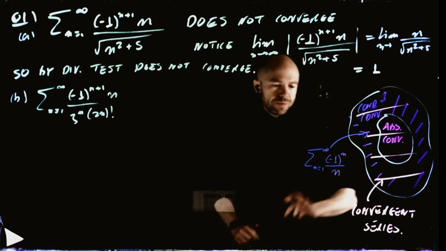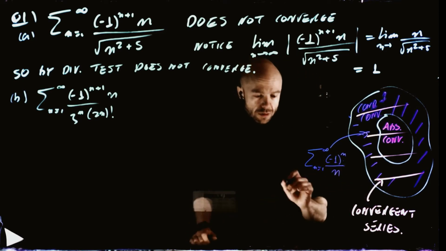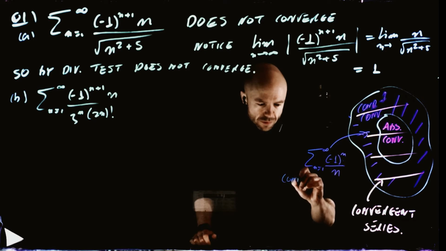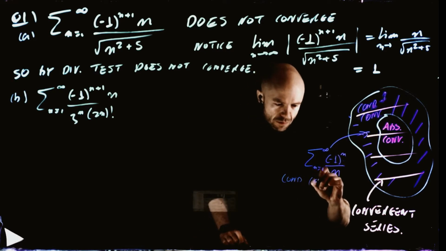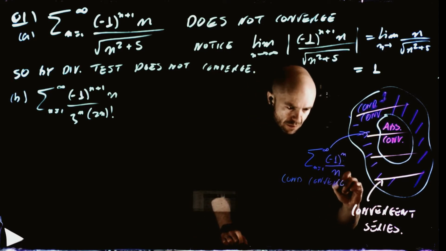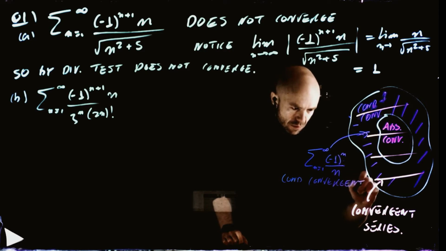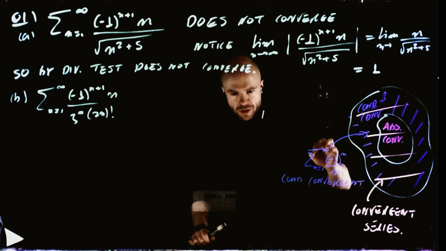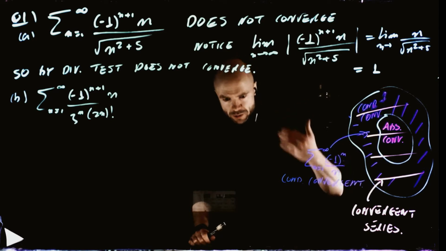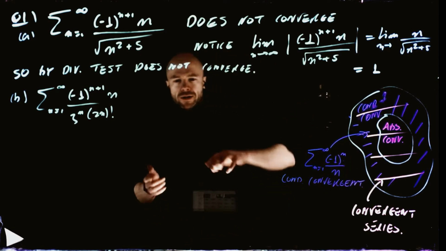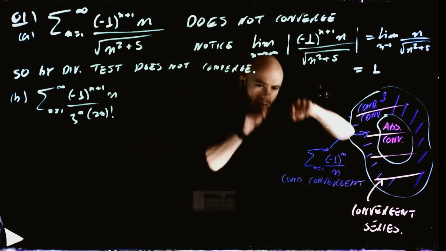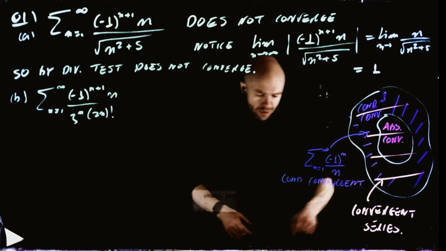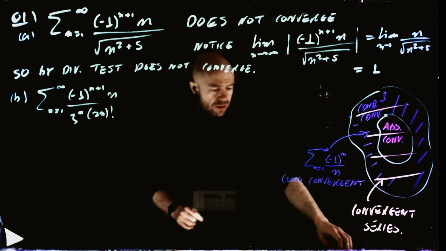This, for example, let me run this conditionally convergent. Yeah, we take the absolute value, it's just 1 over n, that definitely doesn't converge. But this thing does converge, because recall, for an alternating series, all we require is that the terms go down to 0 and go down monotonically. In other words, each term is less than the other.